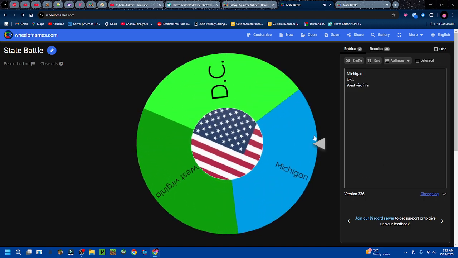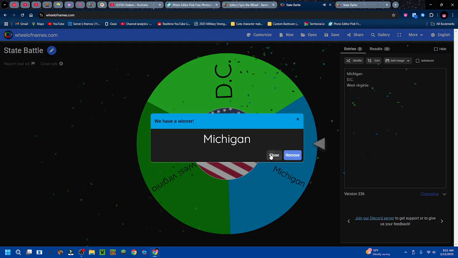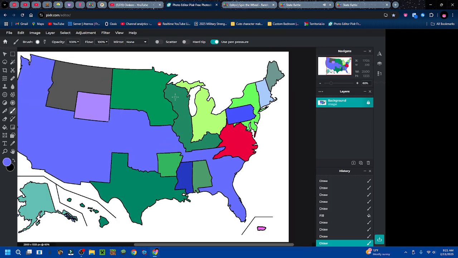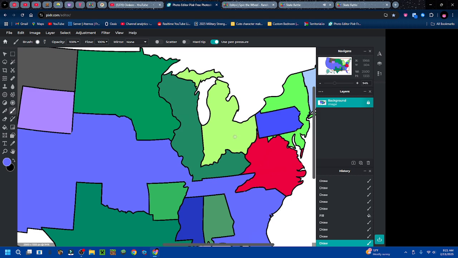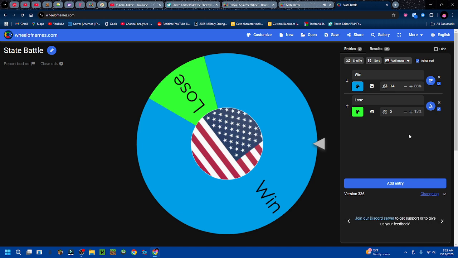It's going to be Michigan that they're attacking. Alright, Michigan was pretty hardcore at the beginning, but then they stopped doing stuff. So it's a 3-on-1.